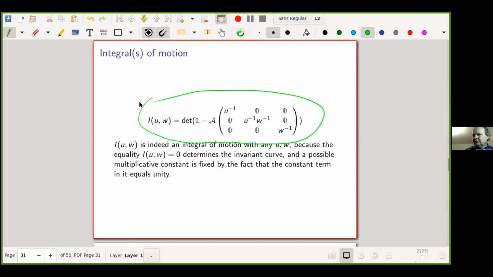Now, okay, just a few comments on this. If you have an algebraic curve, and it is conserved, it is given by some essentially polynomial equation.